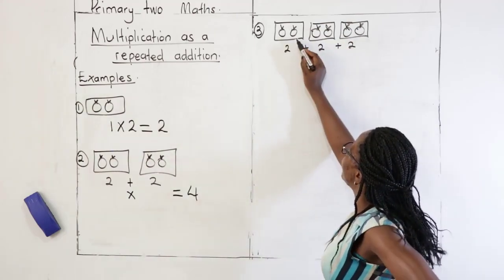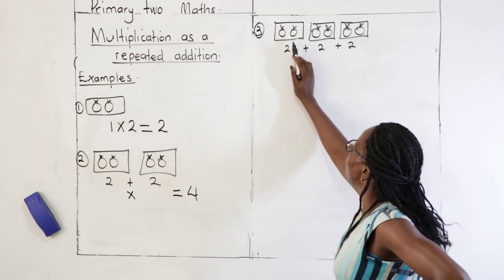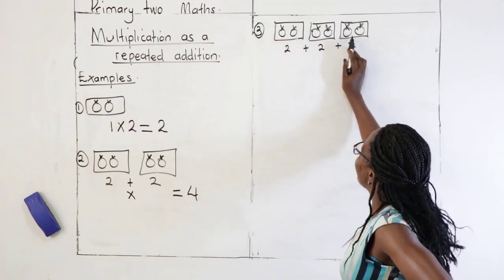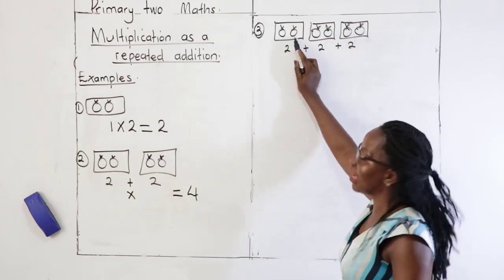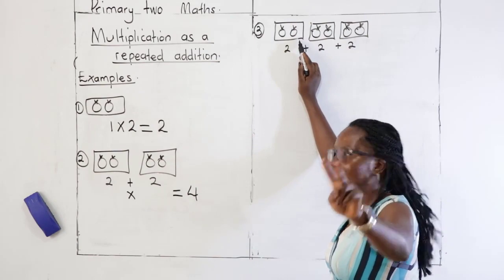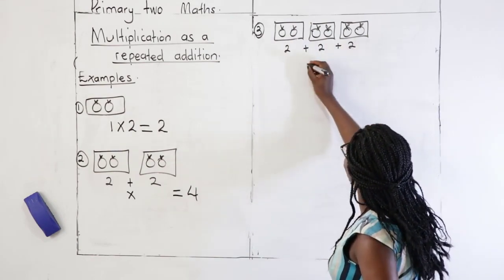Meaning there are groups of 2, and in each group there are 2. Sorry, the groups are 3, but in each group there are 2 apples.